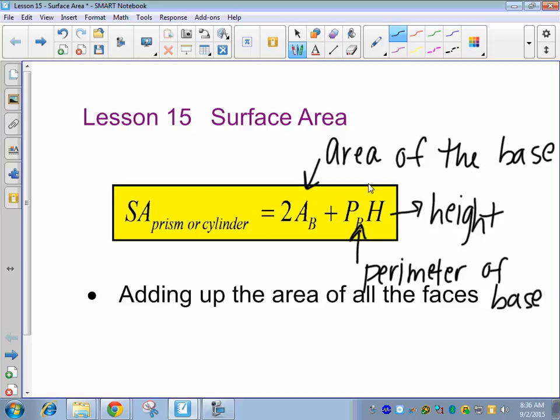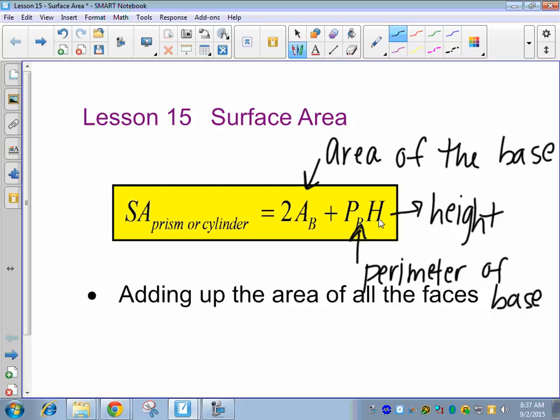All right, and then another thing, just for a side note, there's another thing called the lateral surface area, which is just the side. So if we had a can of Campbell's soup, and we took off the wrapper that goes around, telling us what kind of soup it is, that's the lateral surface area. It doesn't count the top or the bottom.